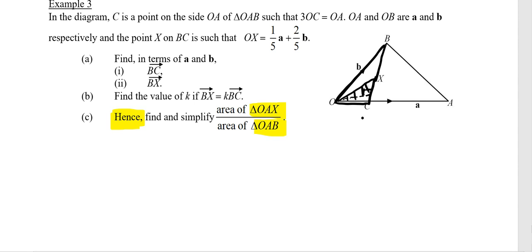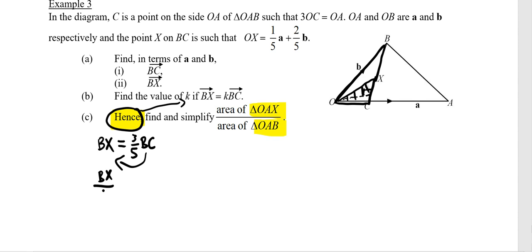From hence, we can actually use the result in part B, and we have found K to be 3/5, so we can shift BC over and get a ratio for the side 3 is to the whole thing 5, which makes this 2. So even though we cannot directly compare across these two triangles, we can separately look at the smaller pieces within these triangles and form a ratio.